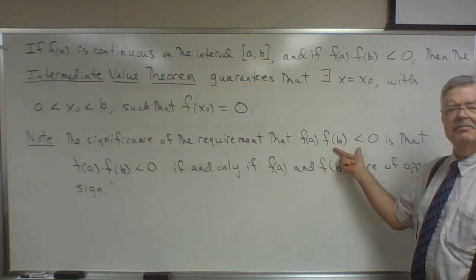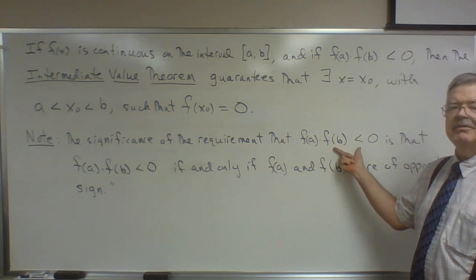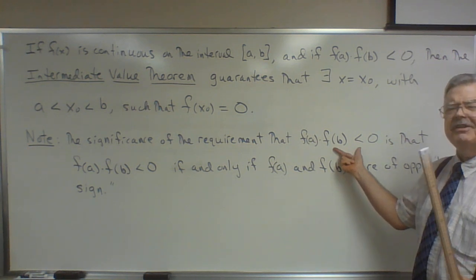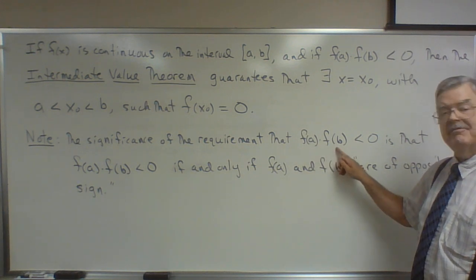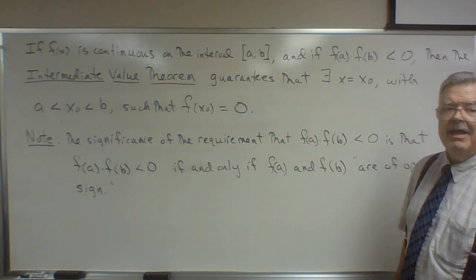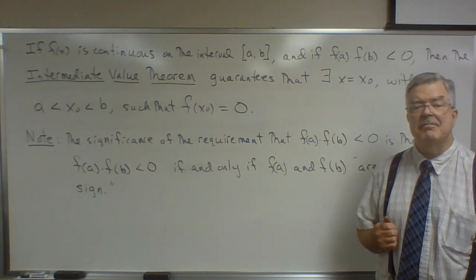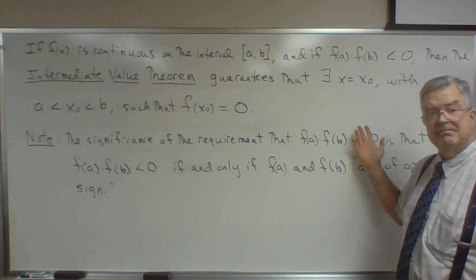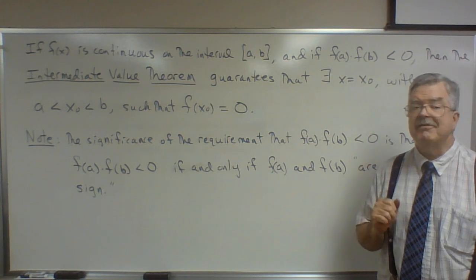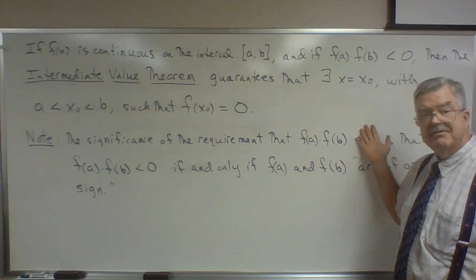So this restriction is put in place just so that we can be absolutely sure that x equal a and x equal b are such that f of a and f of b are of opposite sign. And think about it, it makes sense. If f of a and f of b are both positive, we have positive times positive is positive. If they are both negative, we have negative times negative is positive.